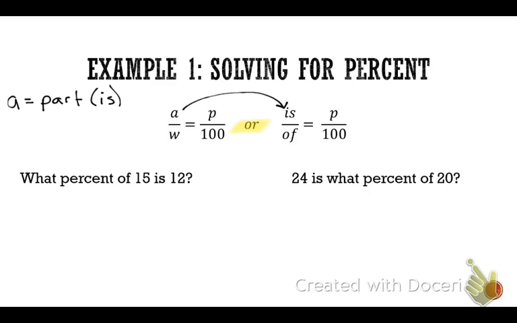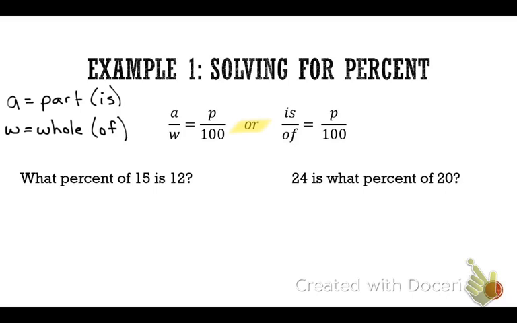It's basically saying this is my key word. W stands for the whole, and my key word for W is "of." Now those key words are important because when I'm reading these statements, I need to understand which value belongs with which variable.